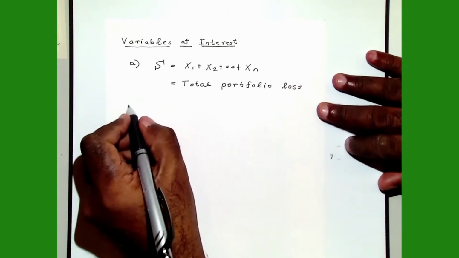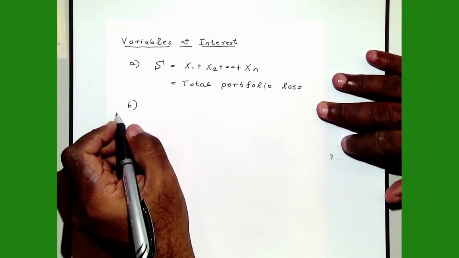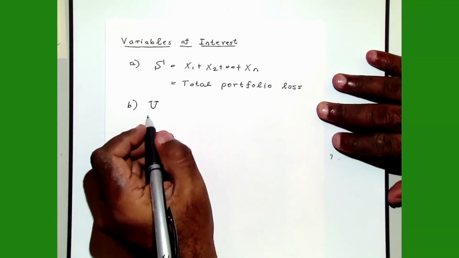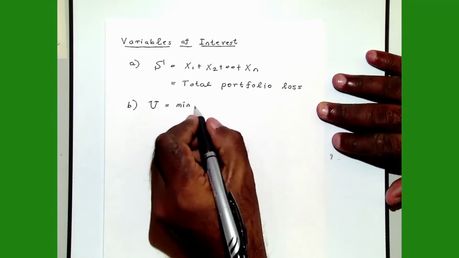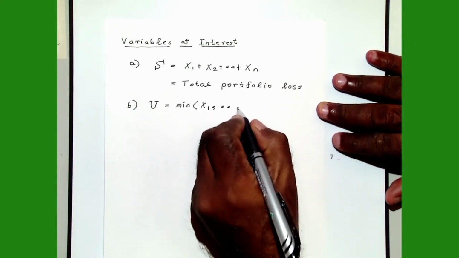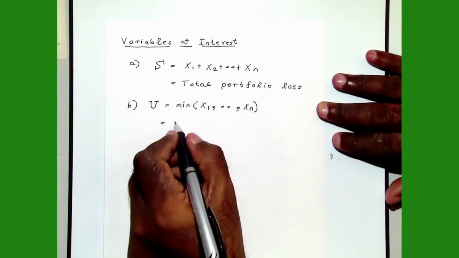And B, another variable that is of interest, I'm going to denote it by U, is the minimum portfolio loss. In other words, it's the smallest of the losses.